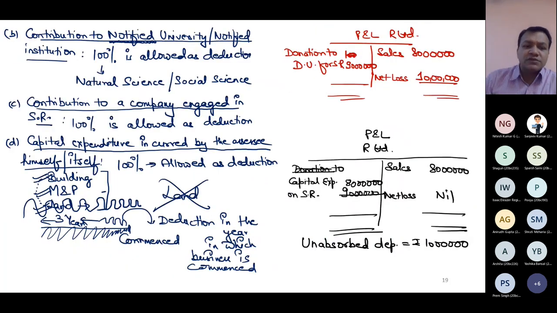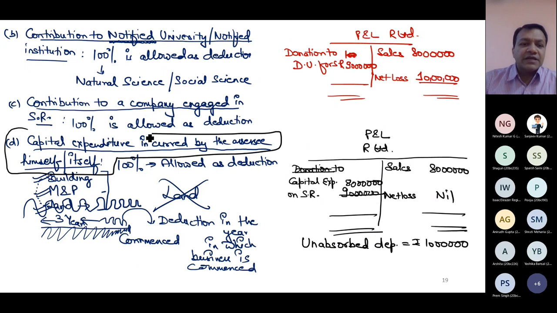If it cannot be fully adjusted, it will not merge with business loss. It will be known in future with another name, unabsorbed depreciation.